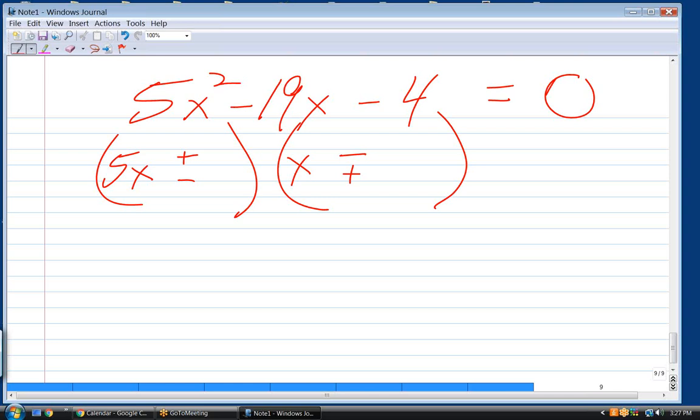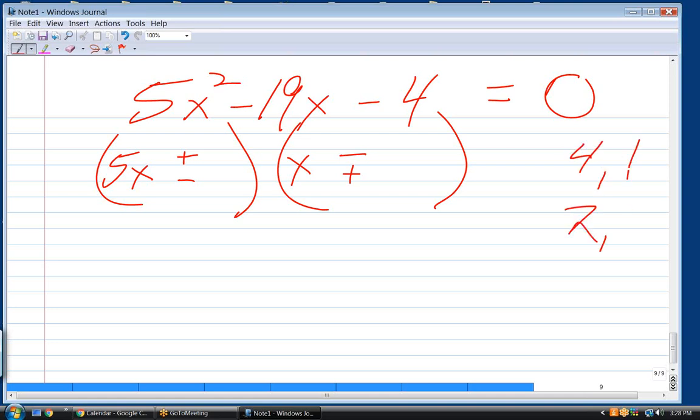But I can't make any statements like factors of 4 that subtract to 19. Once you have coefficients anything other than 1, then you throw out all of those statements that made factoring easy. And at this point in time, it becomes pretty much a trial and error.